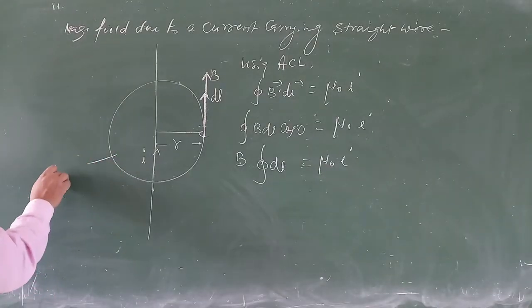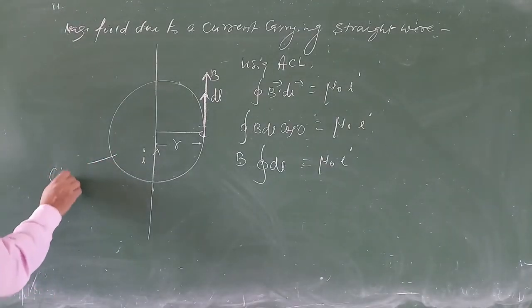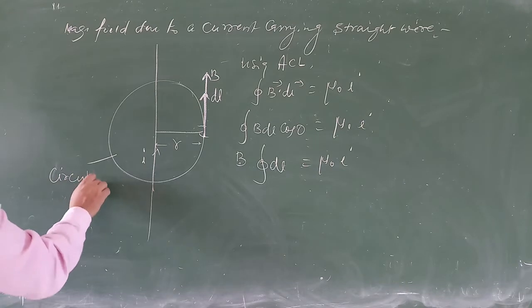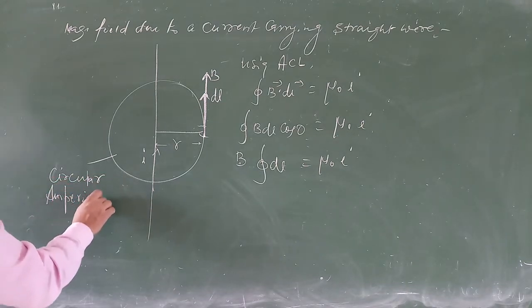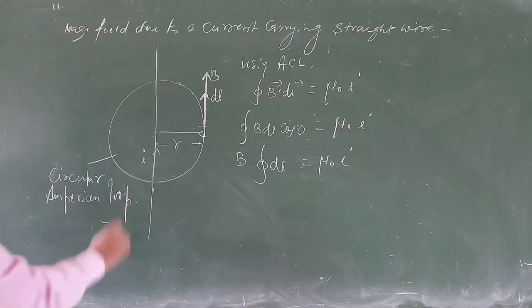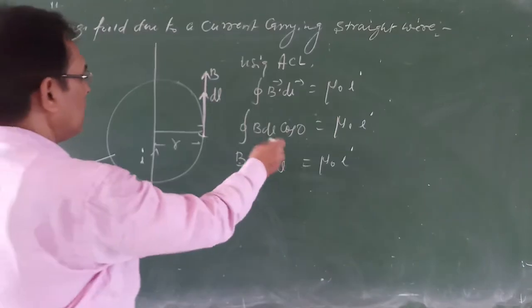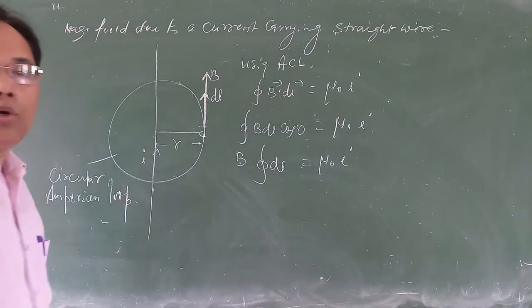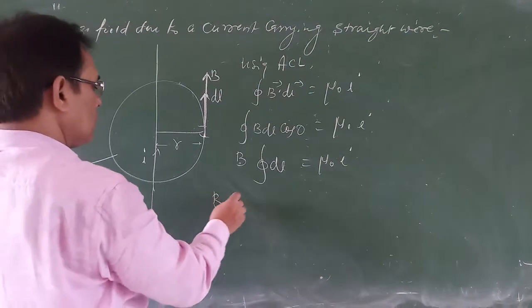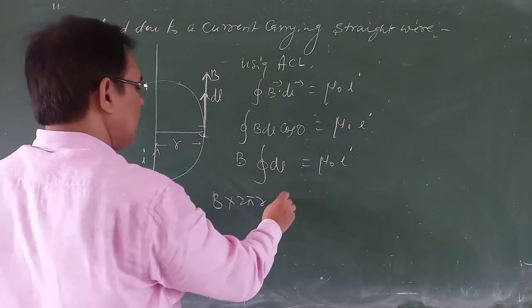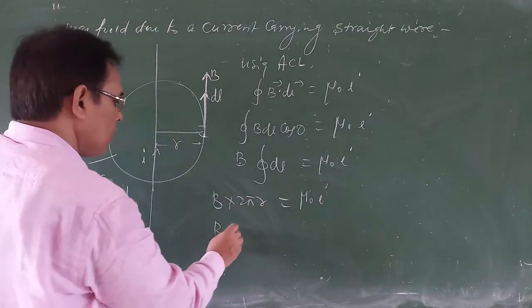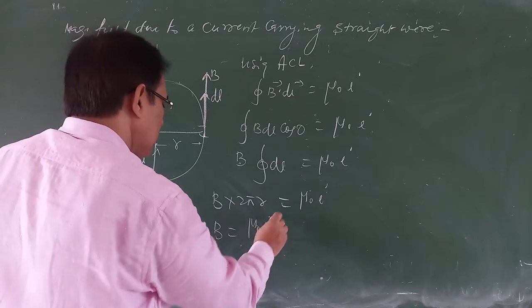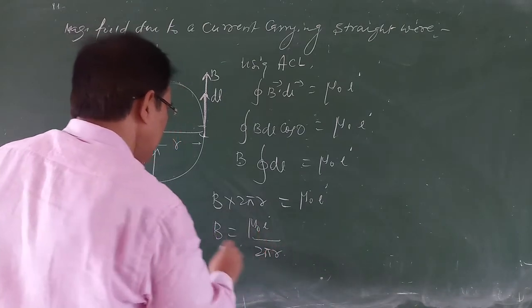So this is a circular Amperian loop. Here the total length of the circular Amperian loop is 2 pi r. So B into 2 pi r equals mu naught I. Therefore B equals mu naught I by 2 pi r.